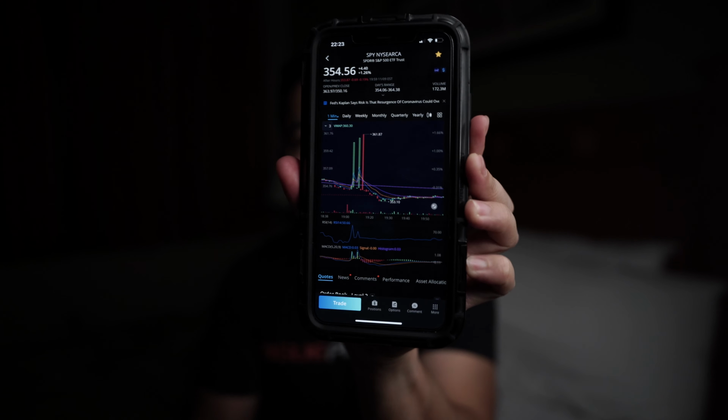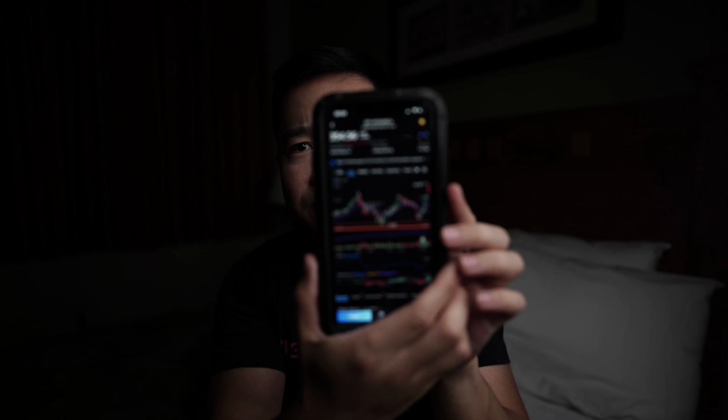The fourth one is Webull. I started with Webull back in around April, but I just use Webull for charts because they do have good charts. For example, let's go to SPY. What I love about the Webull app is you can change the time frame quickly, and they have 1 minute, 2 minutes, 15 minutes, up to 4 hours.